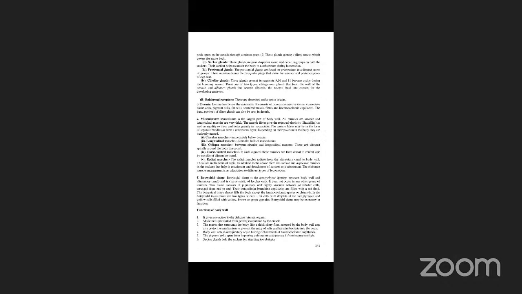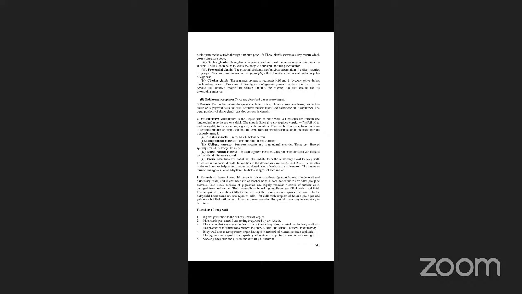The elaborate muscle arrangement is an adaptation mainly for the different types of locomotion. Then botryoidal tissue. It is a mesenchymal tissue present between the alimentary canal and the body wall, and it is present only in the leeches, not in another group of animals.